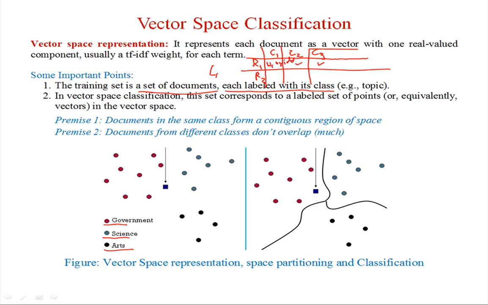Premise 1 says that documents in the same class form a contiguous region of space. Means there may be a distinct boundary which represents one class on one side and another class on the other side. To make the premise clear, the documents from different classes don't overlap.